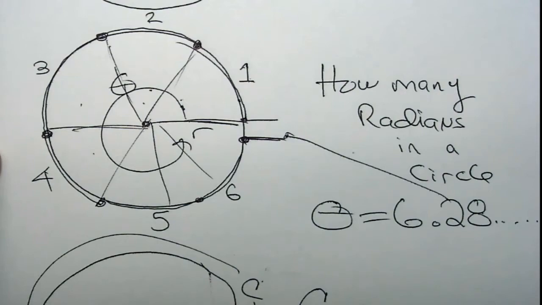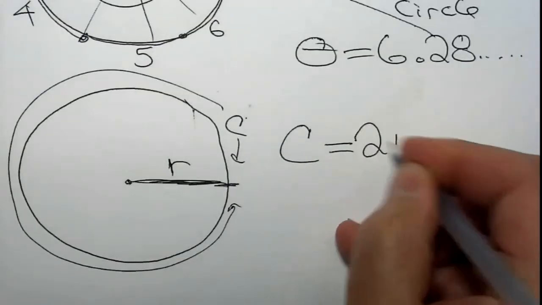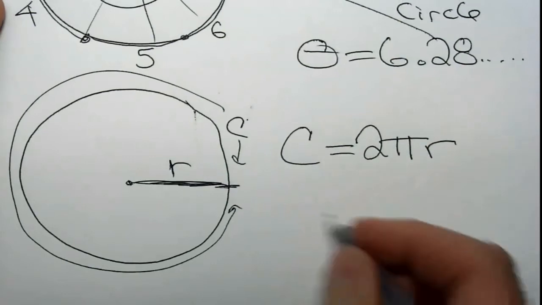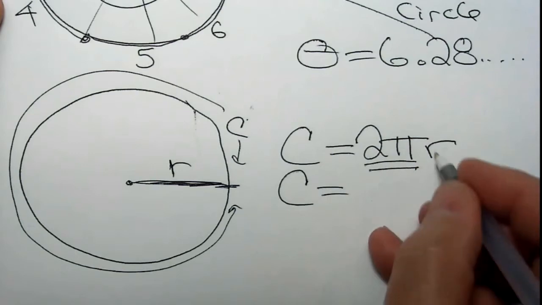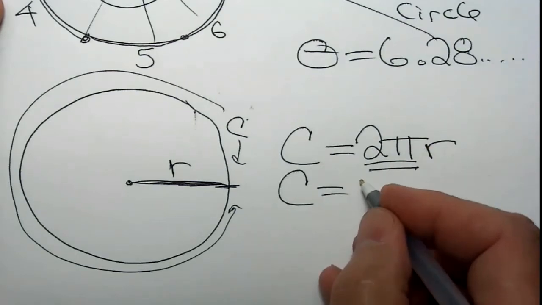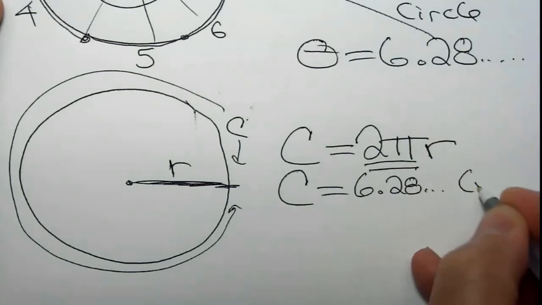So if the radius is denoted by r, the circumference of the circle is 2 pi r. The circumference of the circle is 2 pi times the radius, which 2 pi is roughly 6.28 times the radius.